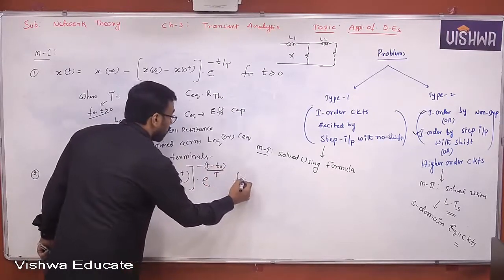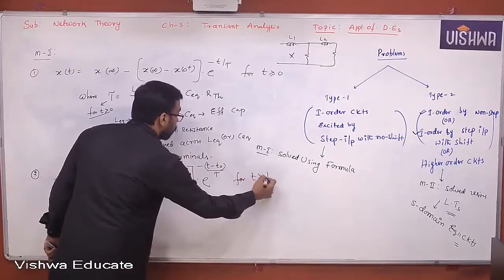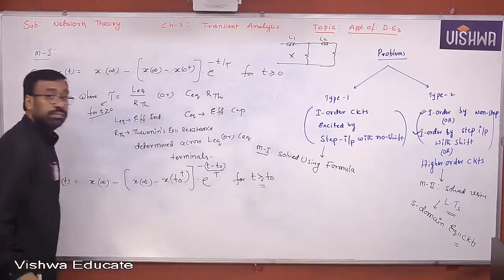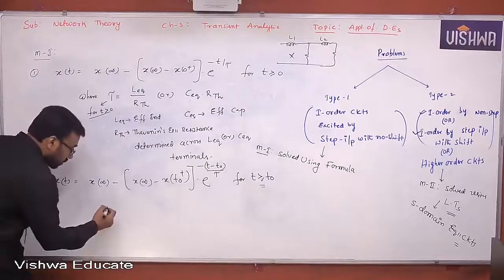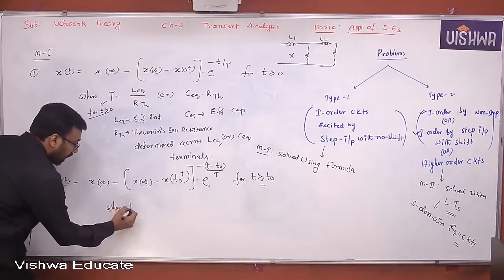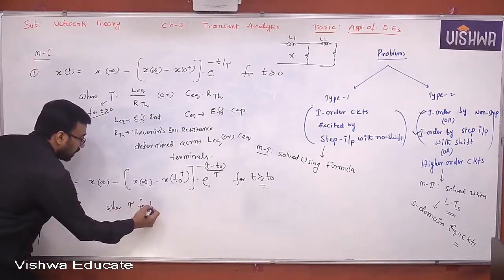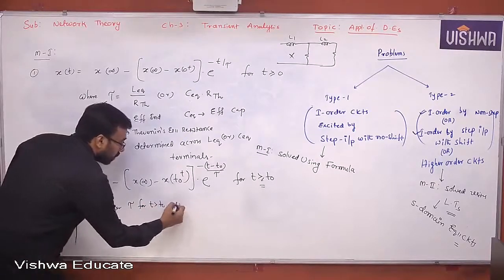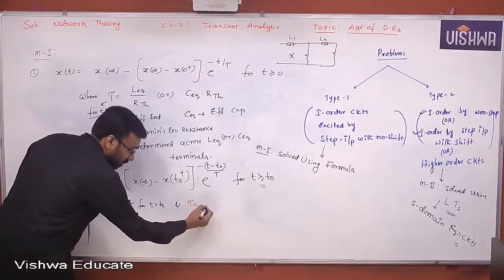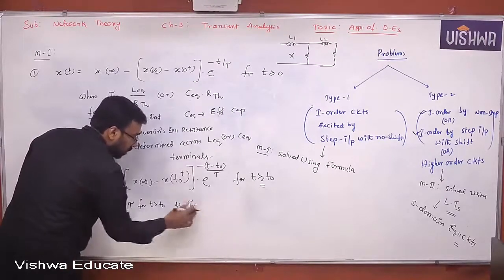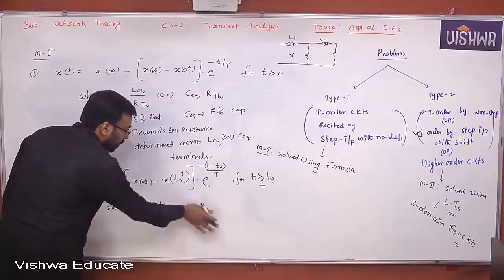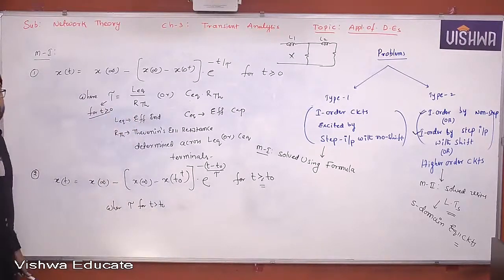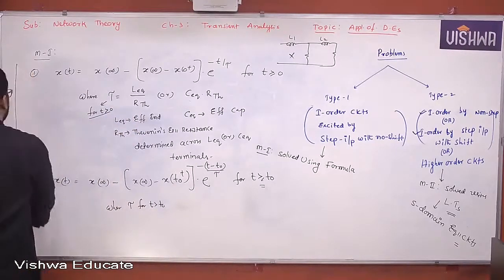This is for t greater than or equal to t naught. You understand all of you? Here tau is for t greater than t naught, and its value is again L equivalent by RTH, or C equivalent into RTH. There is no need to write it because you already know about it. So this is a very, very important formula.